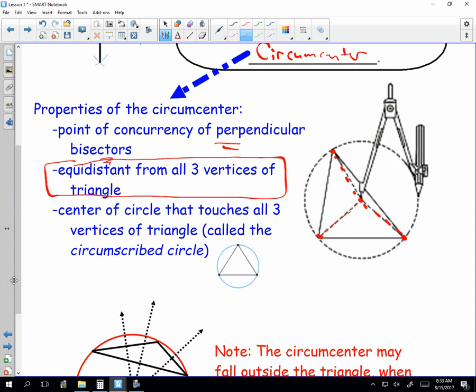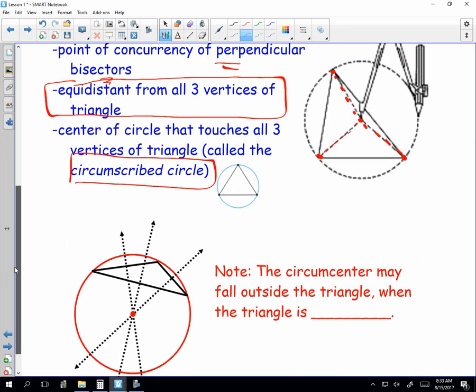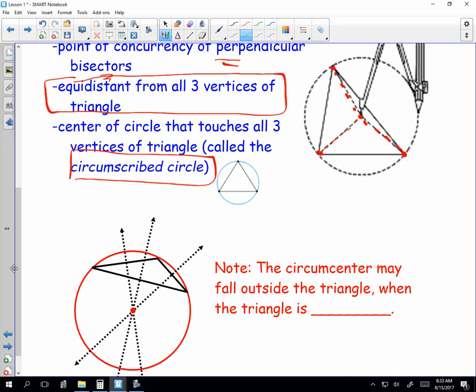So we always want to think about the fact that it is a circumscribed circle. The circle is in some ways on the outside of the triangle, and the circle touches all three vertices.